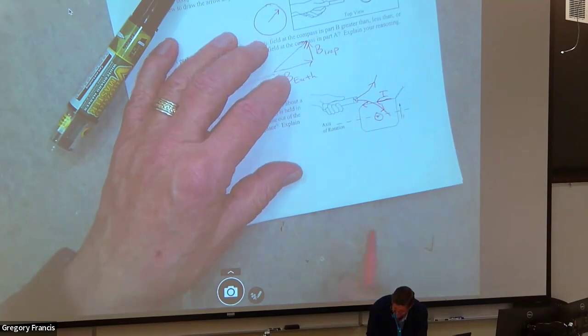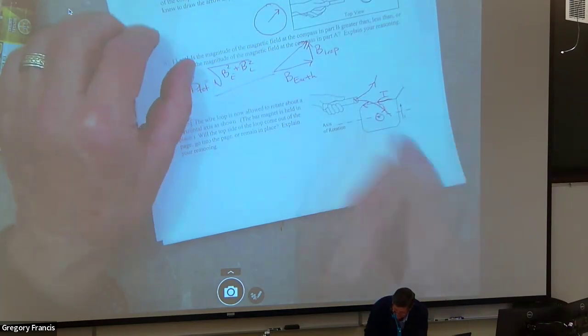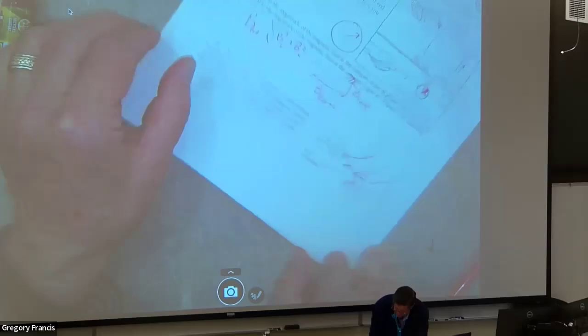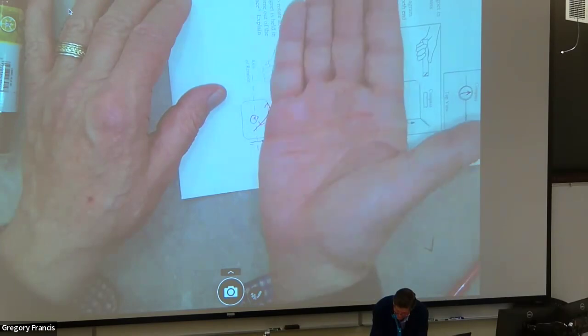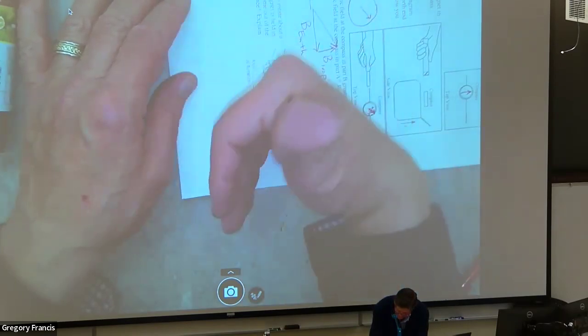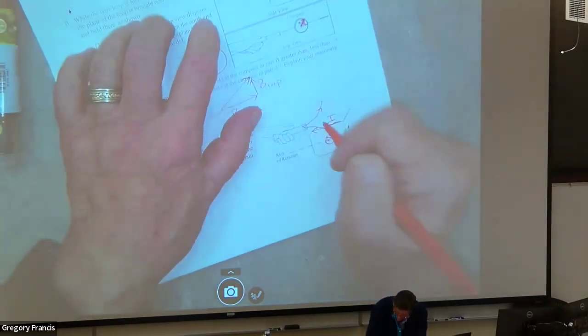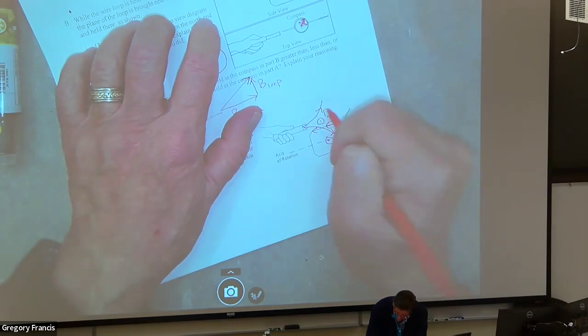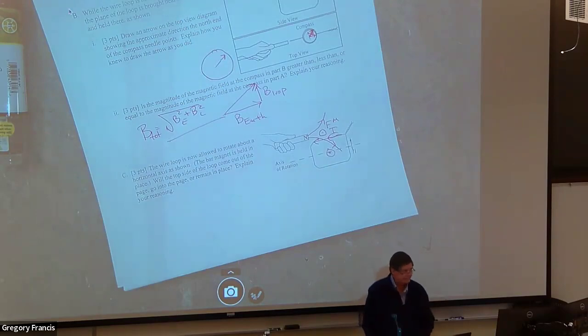And so if I use right-hand rule number 1 to find the force on that top wire, I would turn my page so that I could reach in the direction of the current. I would turn my wrist so that I could wave in the direction of the B field, and my thumb would be the force on that wire, which would be out of the page. So it would tip, the top would tip out of the page. Either way you argue it, the thing rotates with the top out of the page.